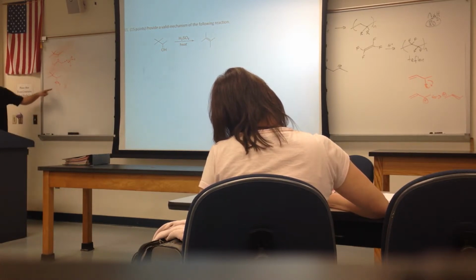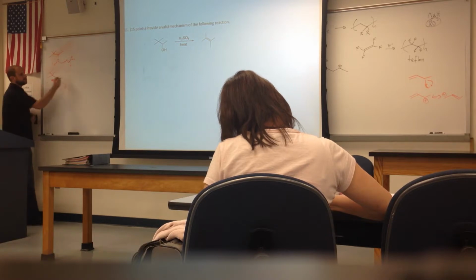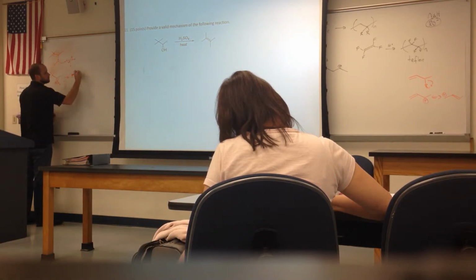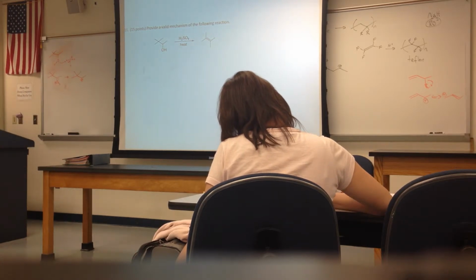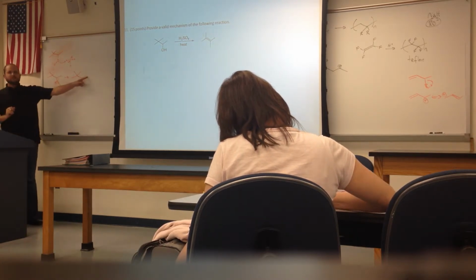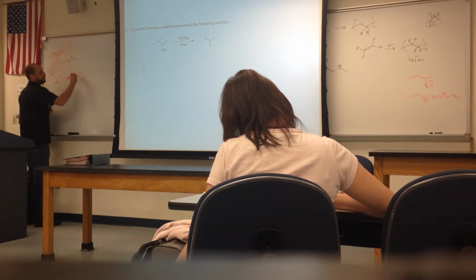We took a bad leaving group and made it a good leaving group, and now it leaves. We generate a secondary carbocation. If we move over here, it's primary. If we're able to move over here, it would be tertiary. So we get a methyl shift.